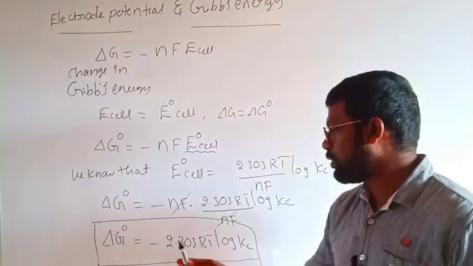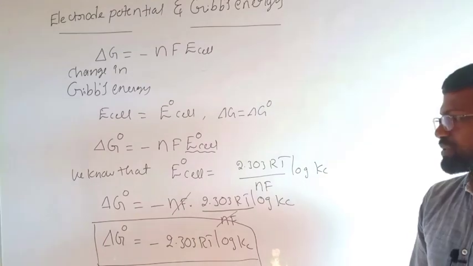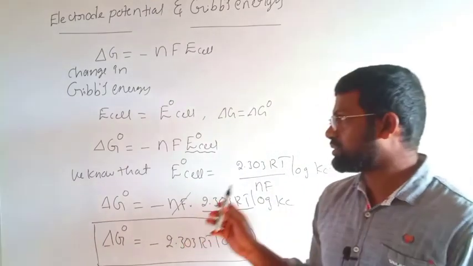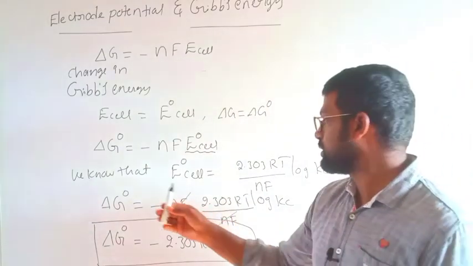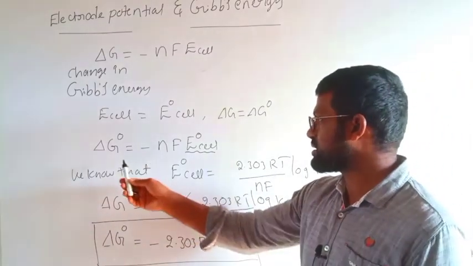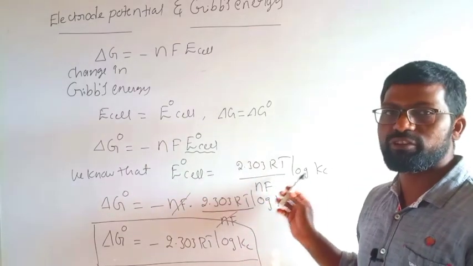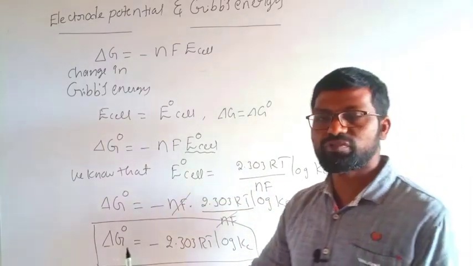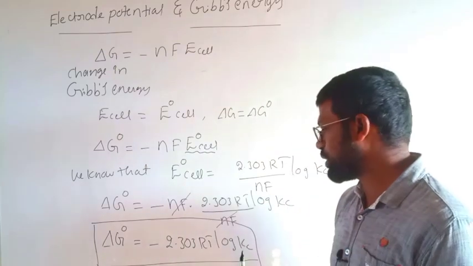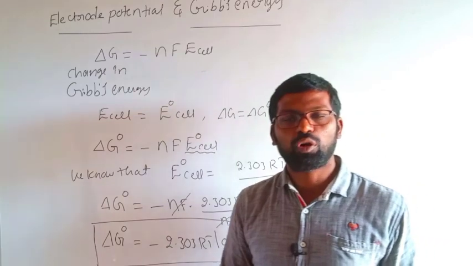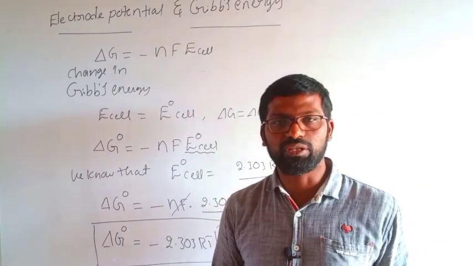This is also one of the very important concepts. The Nernst equation, the Nernst equation in terms of equilibrium constant, that is E naught cell is equal to 2.303 RT by nF log Kc, and the relationship between delta G naught and equilibrium constant, all these formulas are very, very important for competitive exams like NEET and JEE.